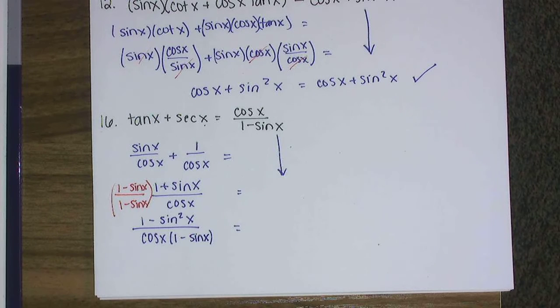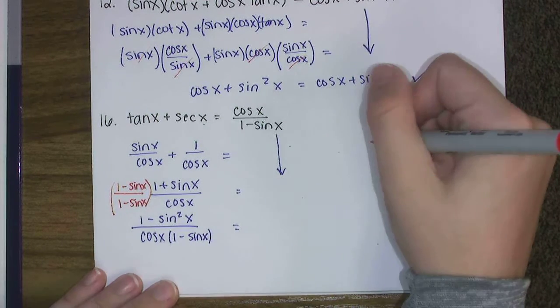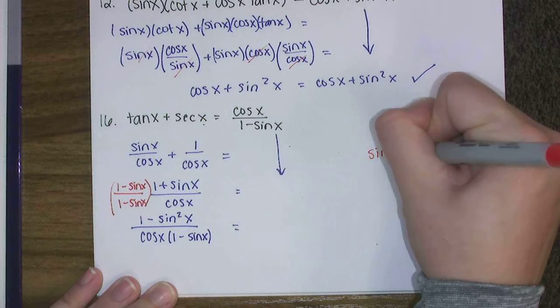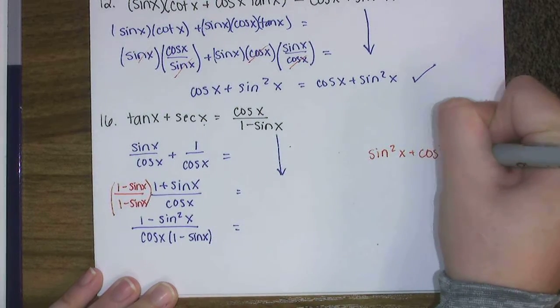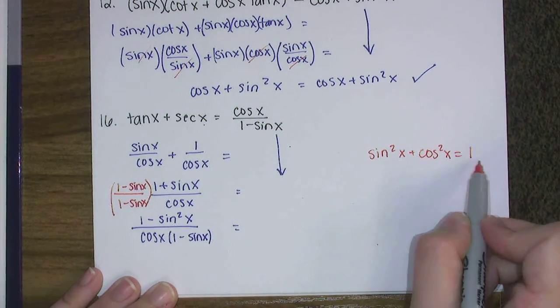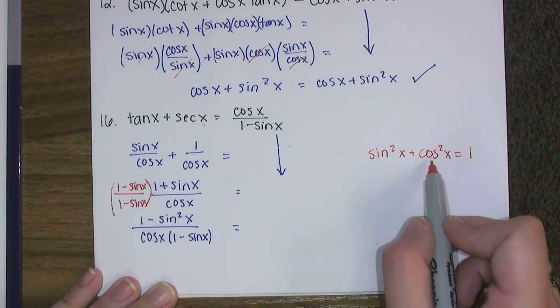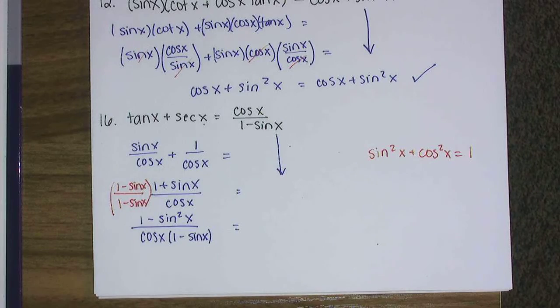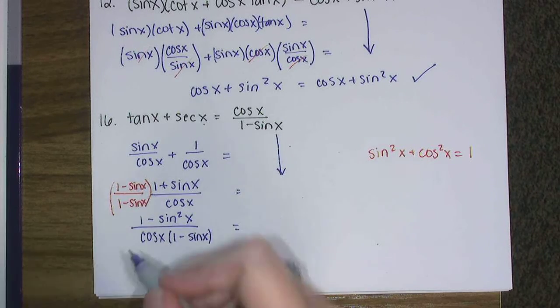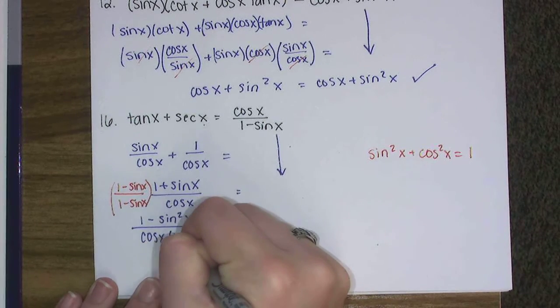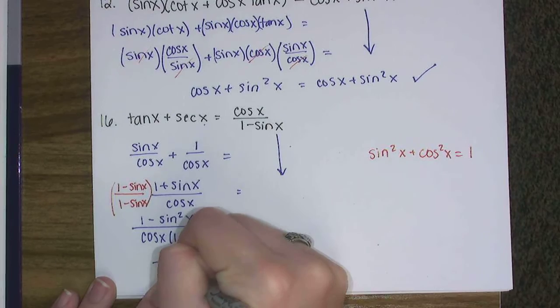Now, with this, what I need to think about is that 1 minus sine squared of x. Remember back to the identities that we had, the Pythagorean identities that said sine squared of x plus cosine squared of x is equal to 1. So 1 minus sine squared of x could be written as cosine squared. So I could rewrite the top as cosine squared of x over cosine x times 1 minus sine x.